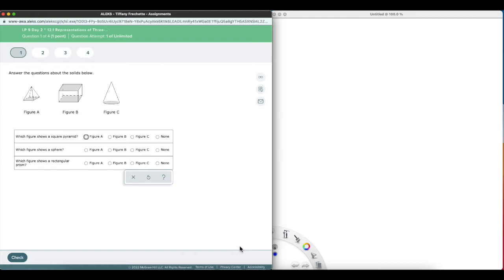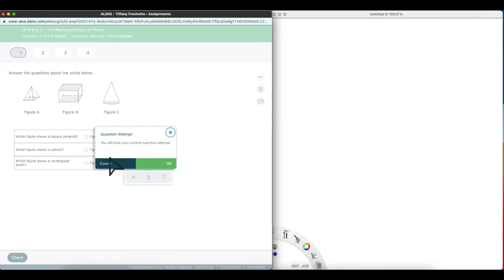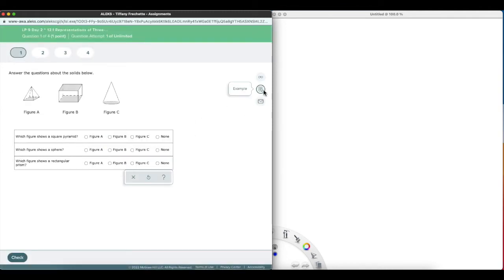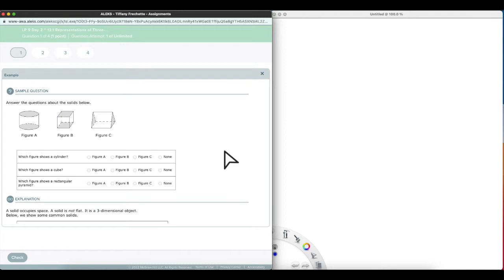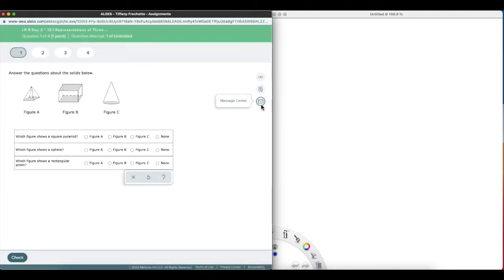On the side we always have three resources. We have explanation. Explanation tells us that we're going to lose our current question attempt because it's going to give us the answer to this exact problem. So it's not going to give you the answers unless you come type them in. Example will give you something very similar to what we're looking at and walk you through the idea. Make sure you read through background information, especially if you see this section.